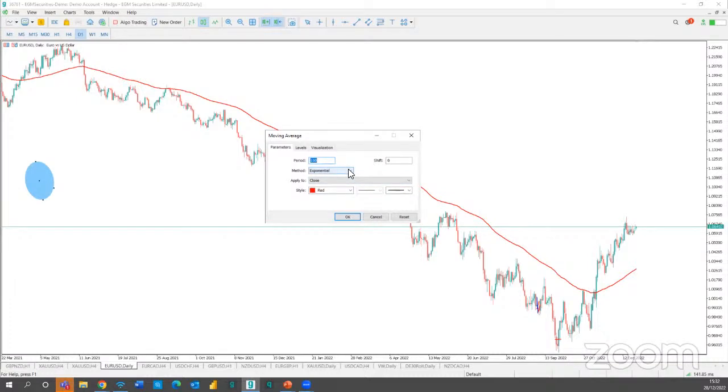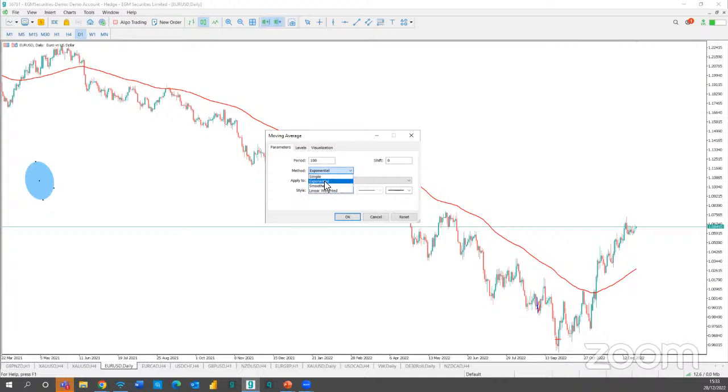The difference between these ones, for example, I'll just explain two, simple and exponential. Simple, we just take the average of the closing prices. If you have a period of 100, then it means adding the closing prices for the last 100 candlesticks and finding the average. So the line will be plotted based on that average.